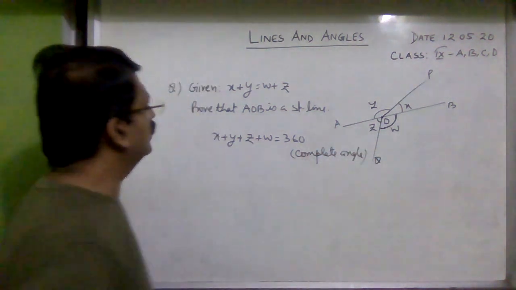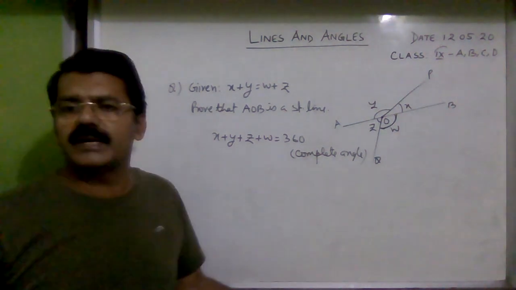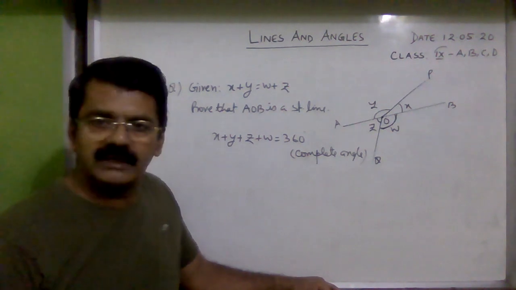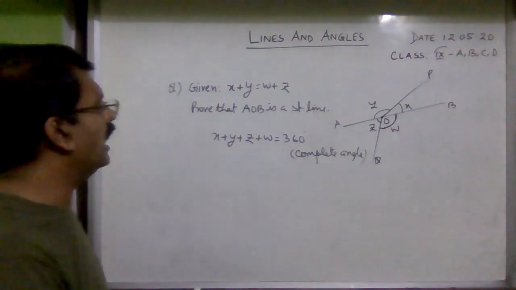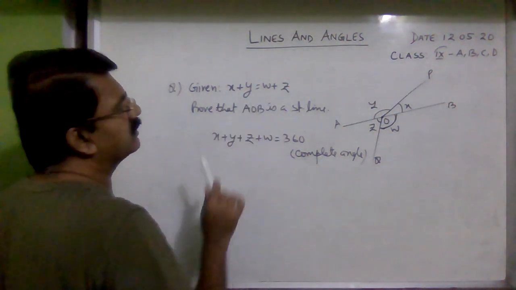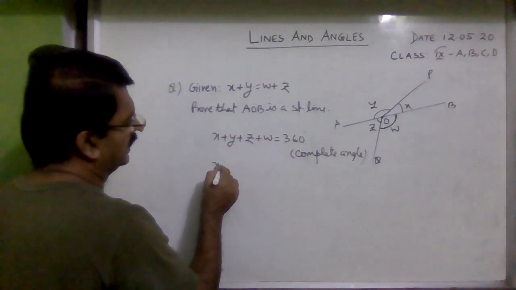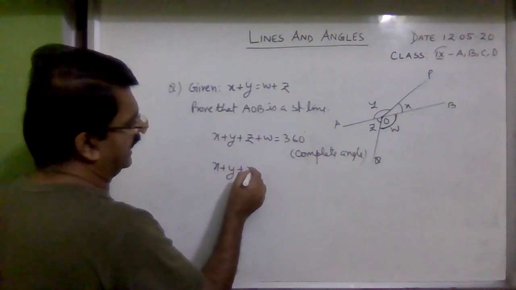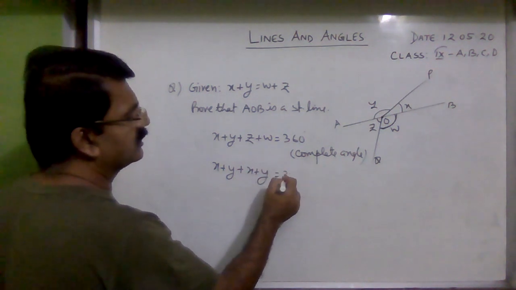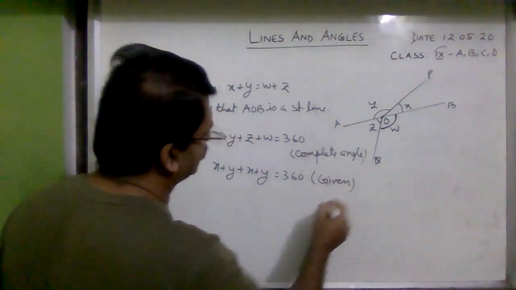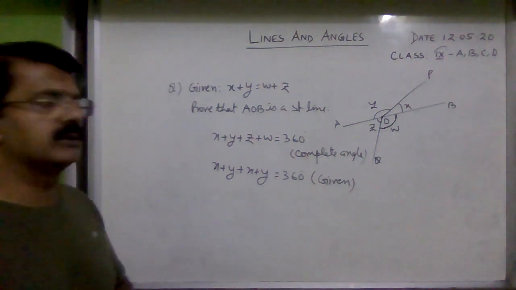Now the condition is X plus Y is equal to W plus Z. So in place of W plus Z, you write down X plus Y. So X plus Y plus X plus Y is equal to 360. Reason, it is given in the question that W plus Z is equal to X plus Y.